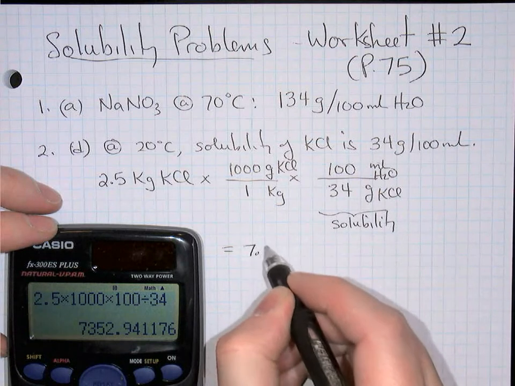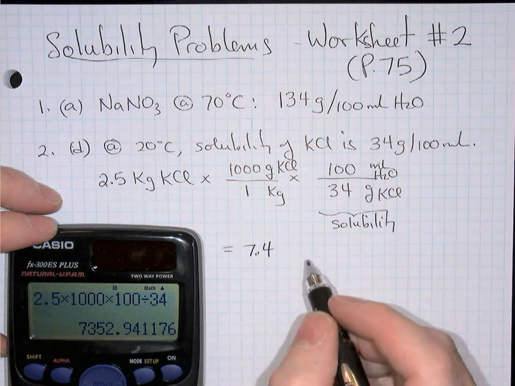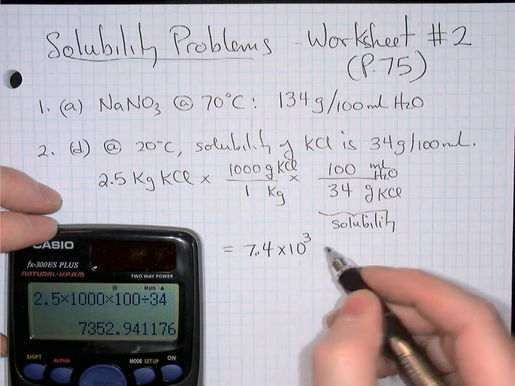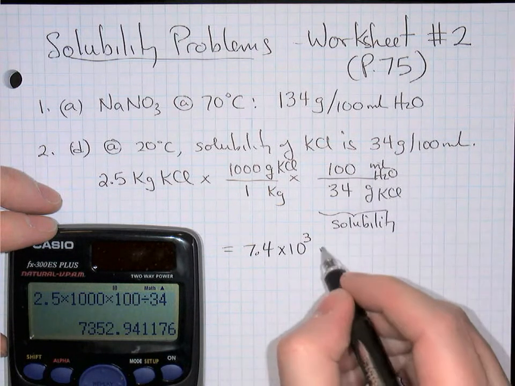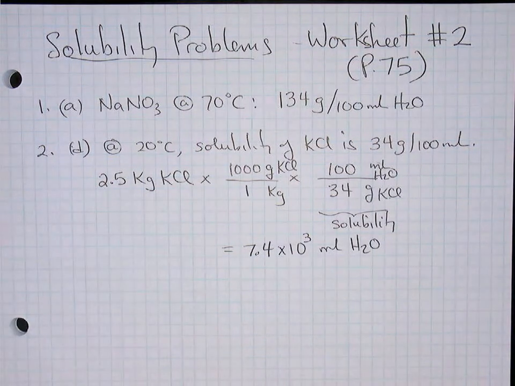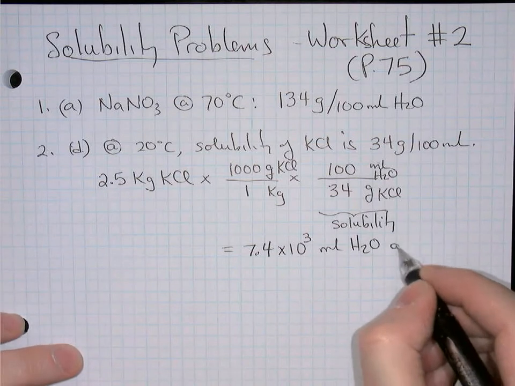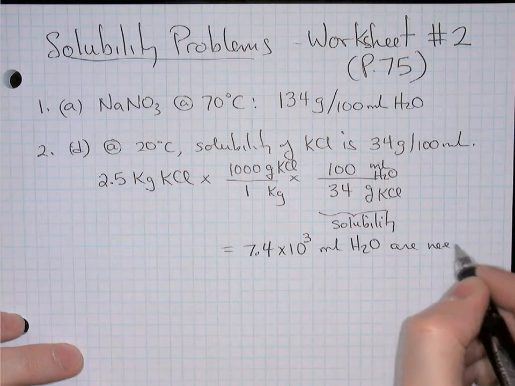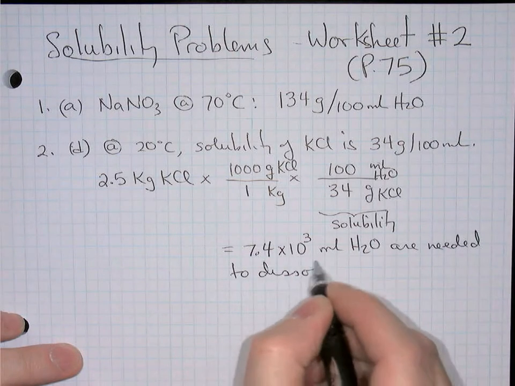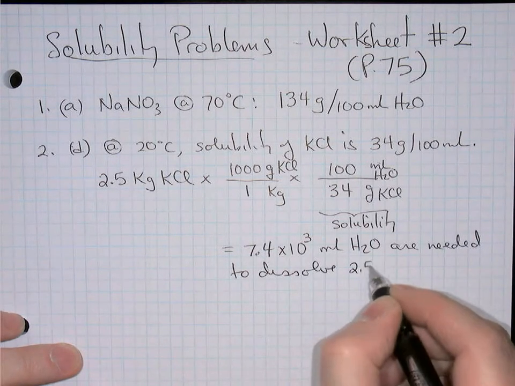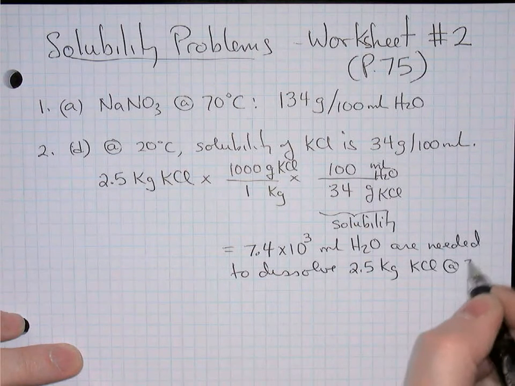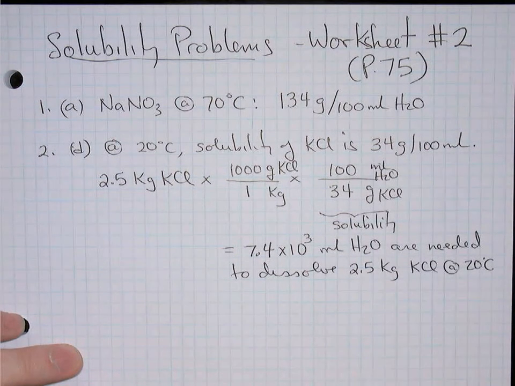So 7.35, so 7.4 times 10 to the power of 3, and then the units will be milliliters of water. And then we want to put a little statement with that. So 7.4 times 10 to the 3 milliliters of water is needed to dissolve 2.5 kilograms of KCl at 20 degrees Celsius.